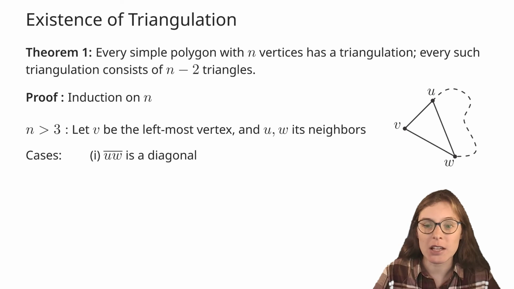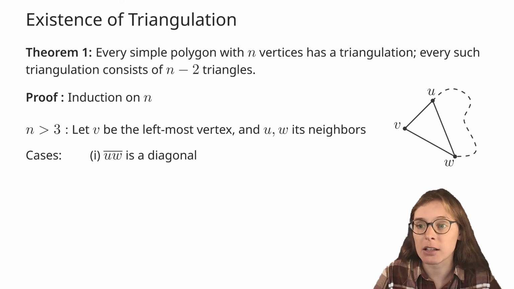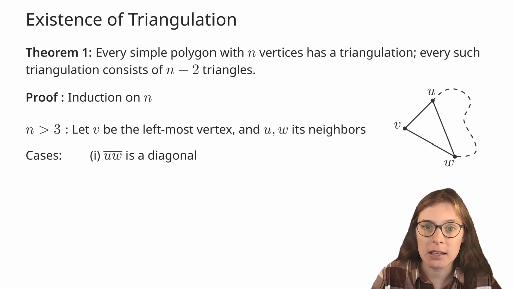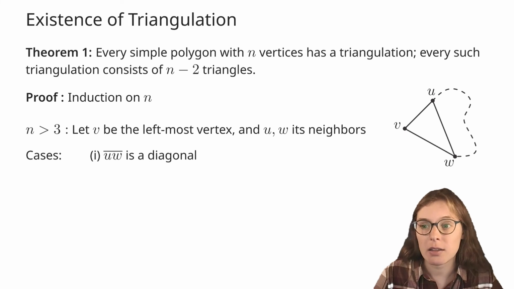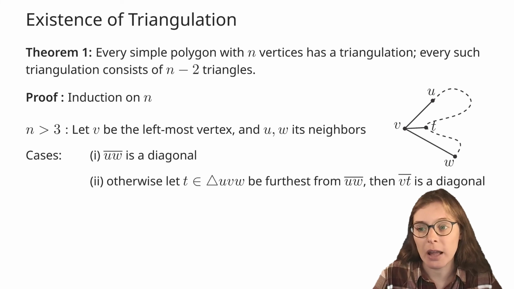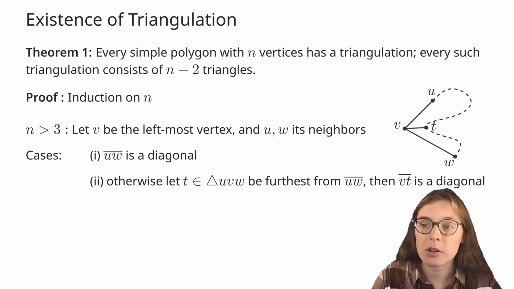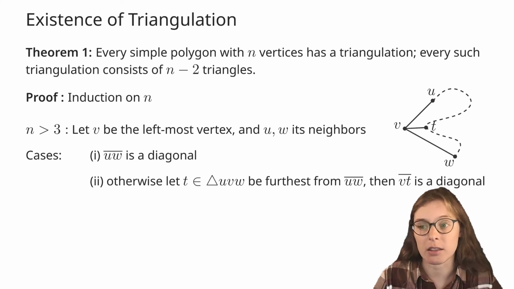Either this edge is a diagonal in a polygon, meaning that this edge completely lies in the interior of the polygon. In this case, we can cut off this triangle UVW and reduce the size of the polygon, therefore completing the induction step. Okay, but what if UW is not a diagonal in the polygon?